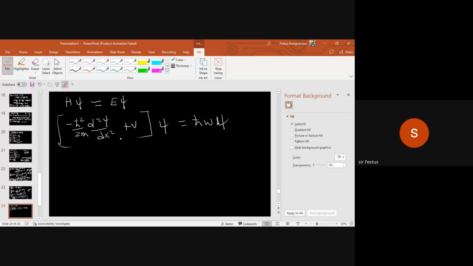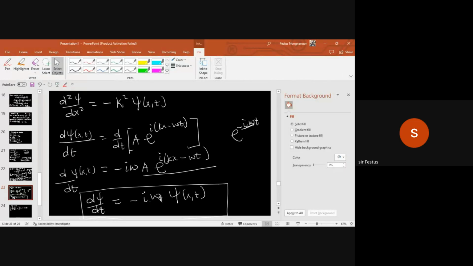So now, for us to be able to arrive at what we are having here, if we look at our expression, this i nu is coming in. We have k square is also coming in. That is a second differential. We don't have a factor of h over m. We don't have the term here.